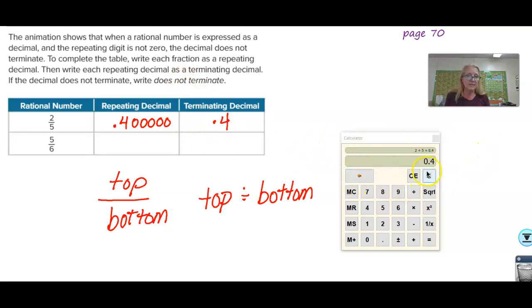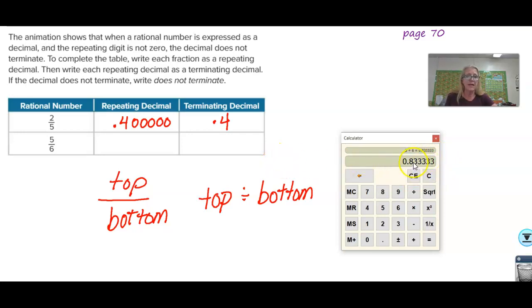Okay. Then we go over here. We're going to do 5 over 6. Clear that off. 5 divided by 6 equals. Now we have a repeater. Okay, you see that 3 is repeating. This little calculator only shows up to about this point, so you just got to kind of look at this. Luckily, your calculator, even on your phone, is probably way better than this.